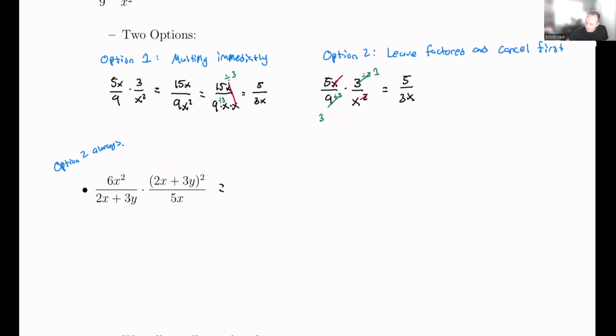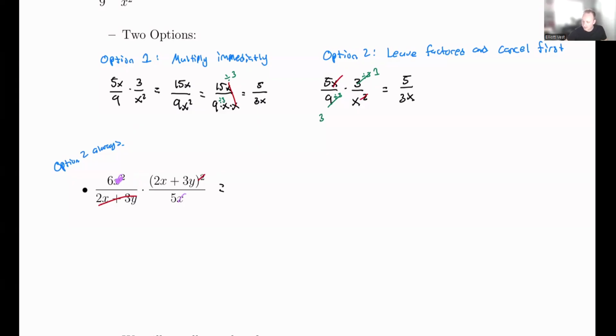I see a term like this, and I see terms on the top here. What can cancel? Well, I have this squared on top and this on the bottom, so that cancels entirely. And I have an x and an x squared, so one of those cancels as well. If I wrote this x squared as x times x, one of those x's would cancel.